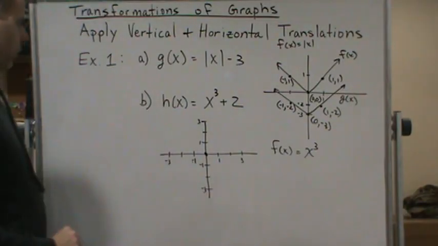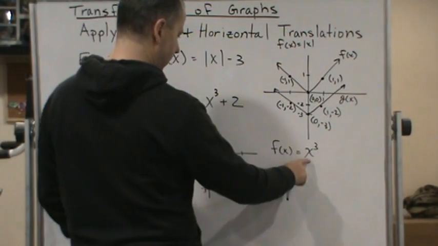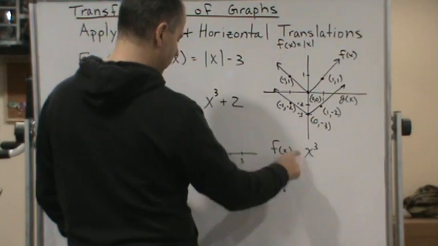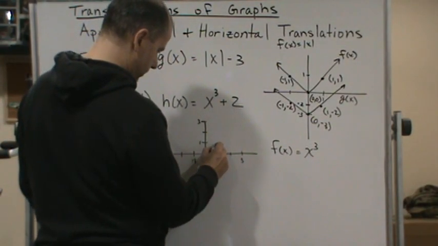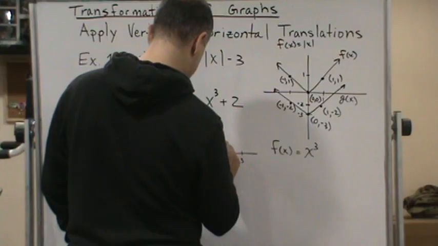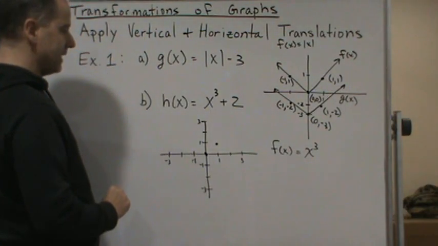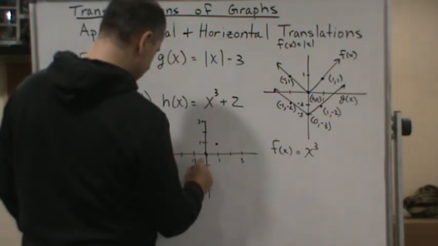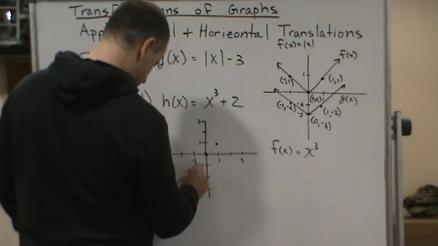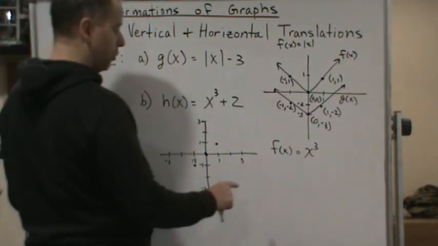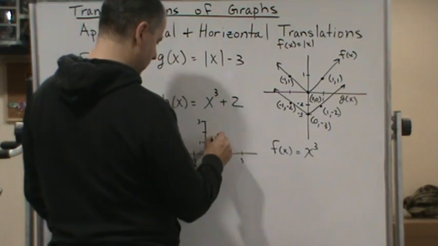Okay, so in f of x, when x is 0, y is 0. When x is 1, y is 1. When x is negative 1, y is negative 1. When x is 2, y is 8.